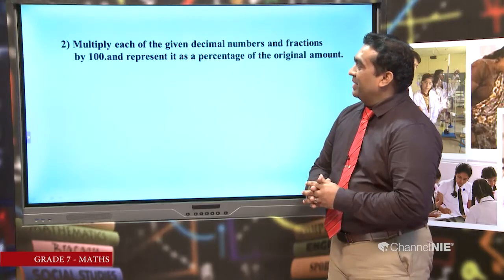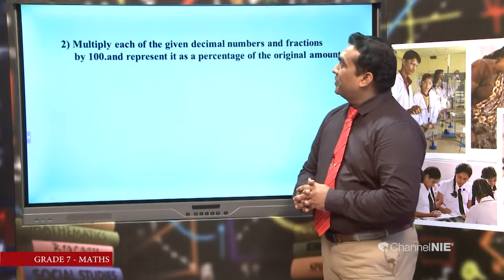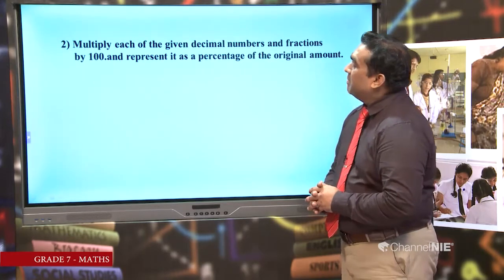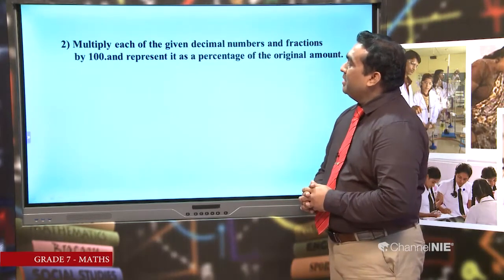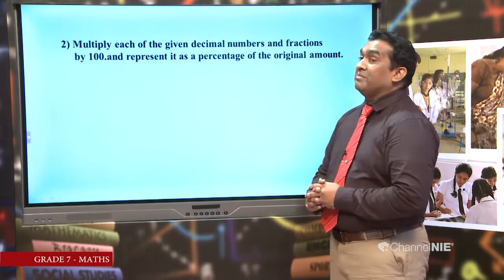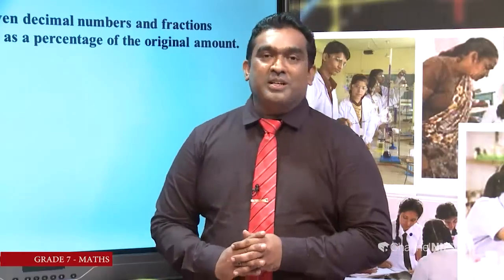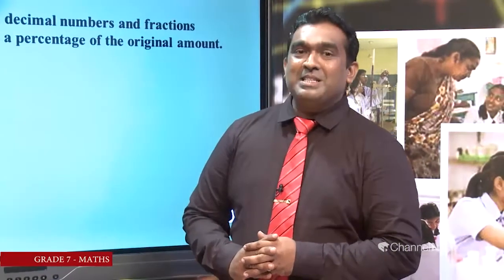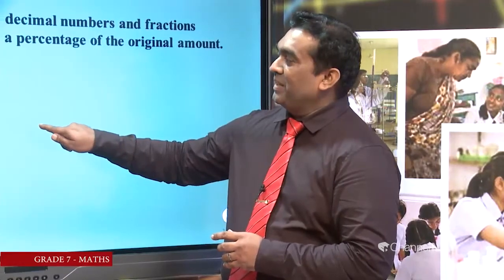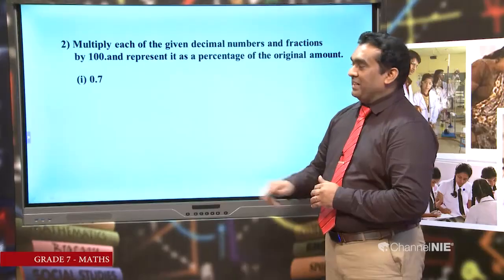Now next one. Multiply each of the given decimal numbers and fractions by 100 and represent it as a percentage of the original amount. What is the original amount? We can see here 0.7.